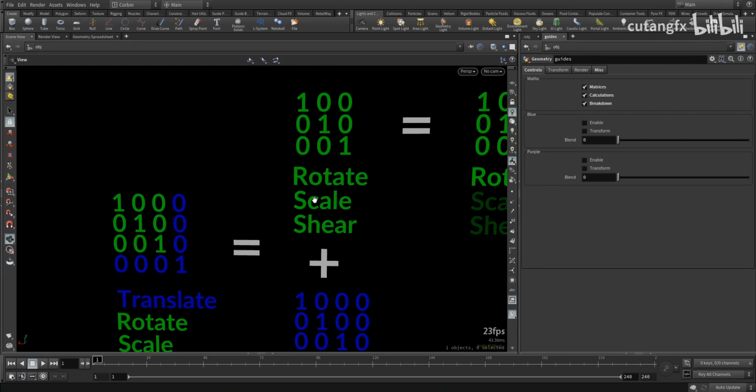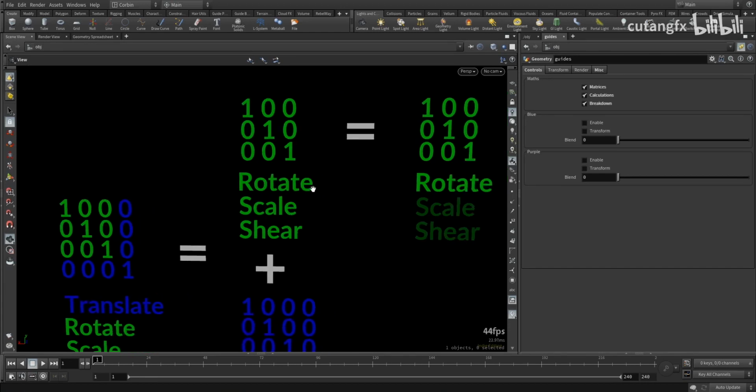So multiplied by our 3x3 matrix, which contains the other three: rotate, scale, and shear. Now, why these three are all together, remember I showed you earlier how shear adds up to rotate. Well, shear and scale work together to form rotations. Okay, so that's why these all work together.